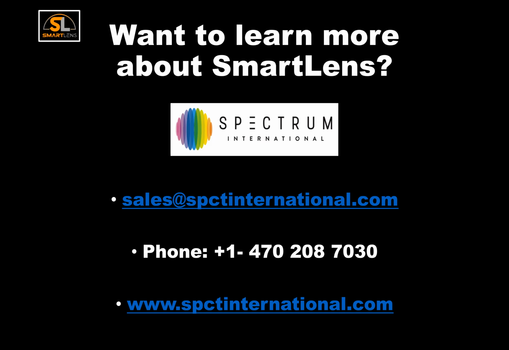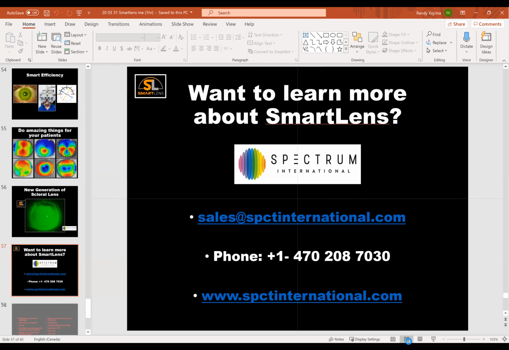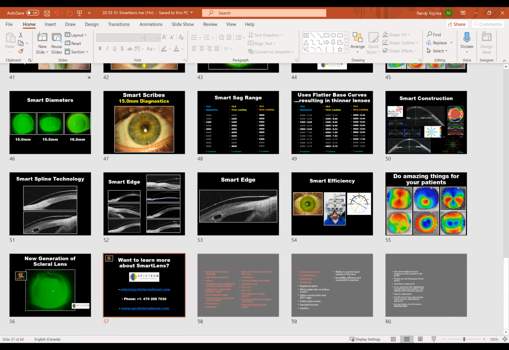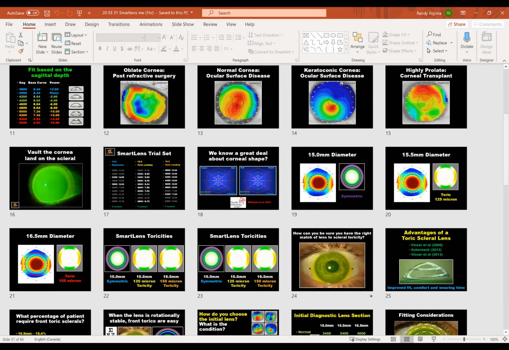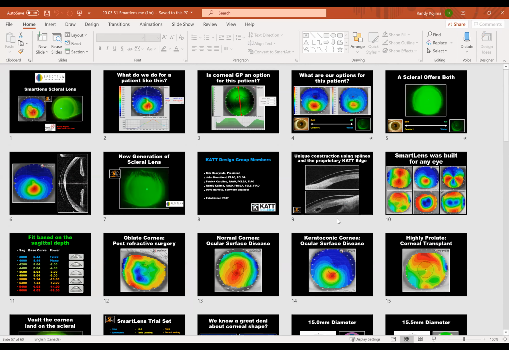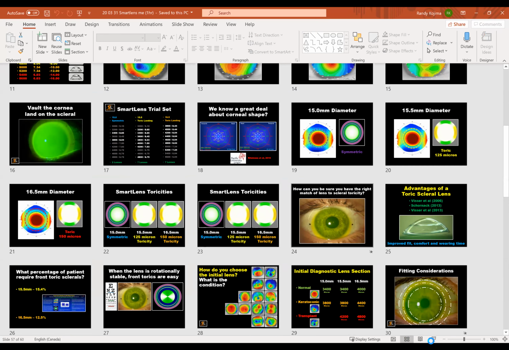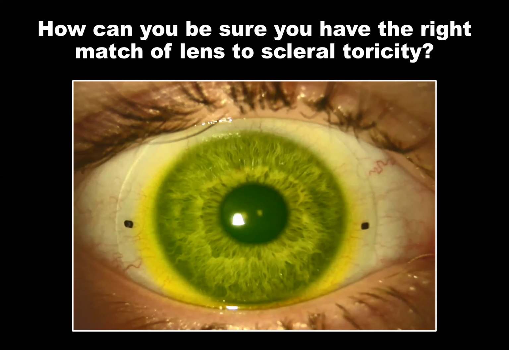So I have the patient behind the slit lamp. I'm observing the lens on eye with cobalt light, and I'm going to just reach around the slit lamp, touch the anterior surface of the lens with the strip, and immediately watch for where the fluorescein may come in behind the lens. Now this is important because if we go back to our video, if we can see where the fluorescein is coming in relationship to the markers, then you know if you need more or less toricity.